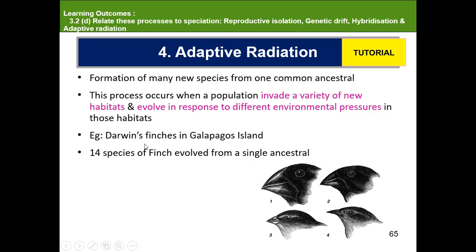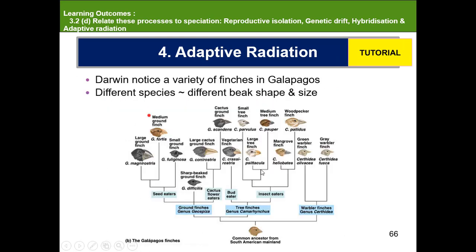Example, Darwin's finches in the Galapagos Islands. Fourteen species of finch evolved from a single ancestor. The common ancestor came from the South American mainland. So in the Galapagos Islands, there are different species due to different beak shape and size.